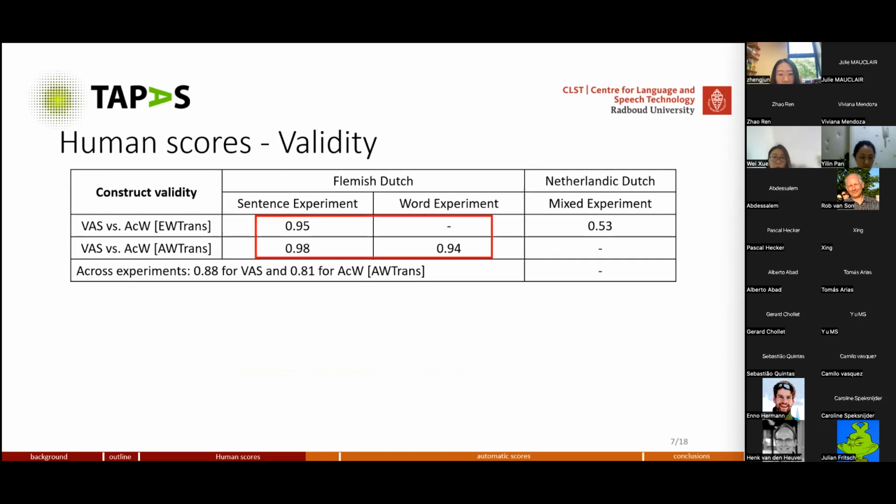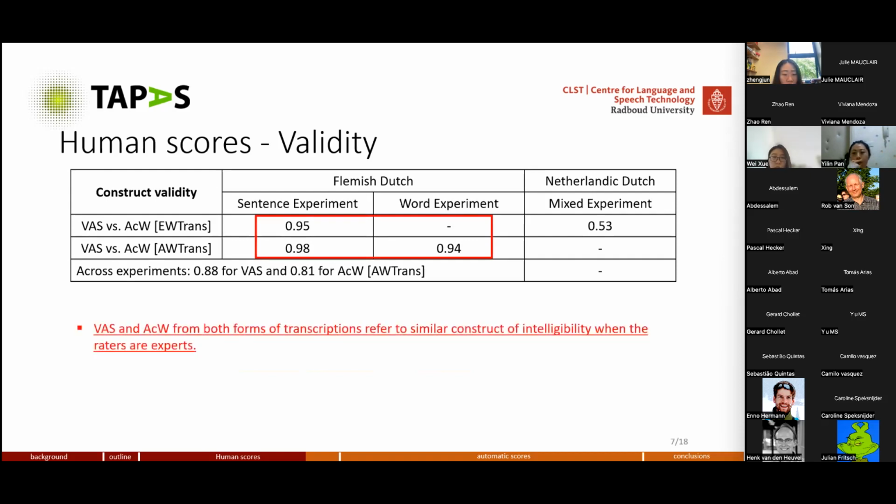In the experiment for Flemish Dutch, these results indicate that these measures seem to refer to a similar construct of intelligibility when the readers are experts. However, the correlation for the Netherlandic Dutch experiment was only moderate. This indicates that these measures refer to different constructs of intelligibility when the readers are not experts.